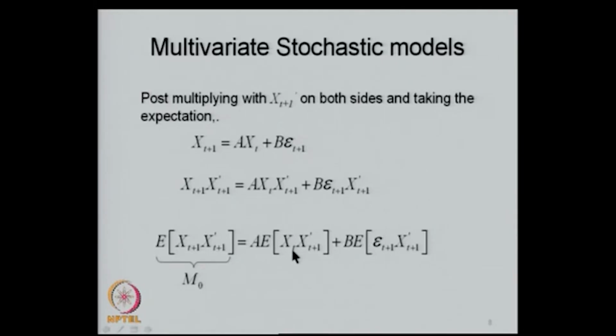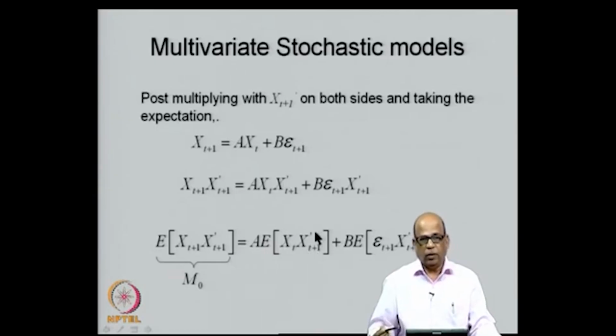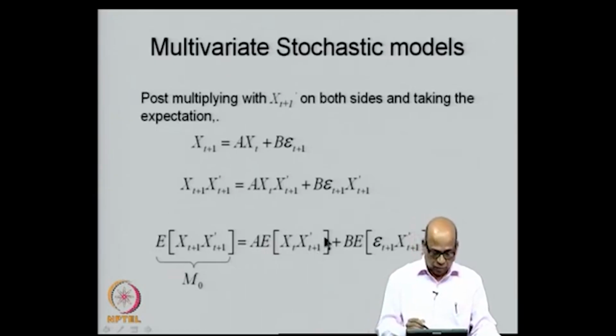Similarly, we had defined the expected value of x t with x t minus 1 prime as M 1, but this is not M 1, because you have x t and x t plus 1 prime, and therefore we need to evaluate both these expectations separately, namely the expectation of x t x t plus 1 prime and epsilon t plus 1 x t plus 1 prime.